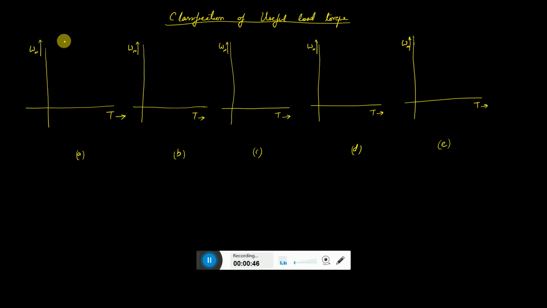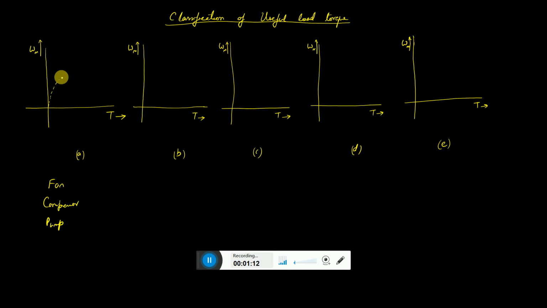In the first one, we will have some type of curve like used in the fan, compressor, like water pump, where usually if the speed increases, the torque required is initially very less.